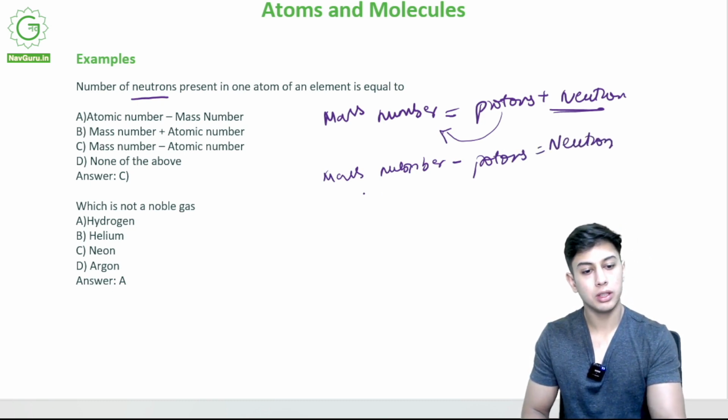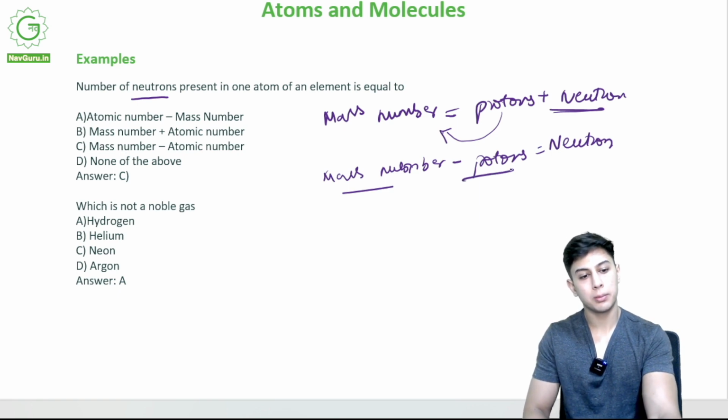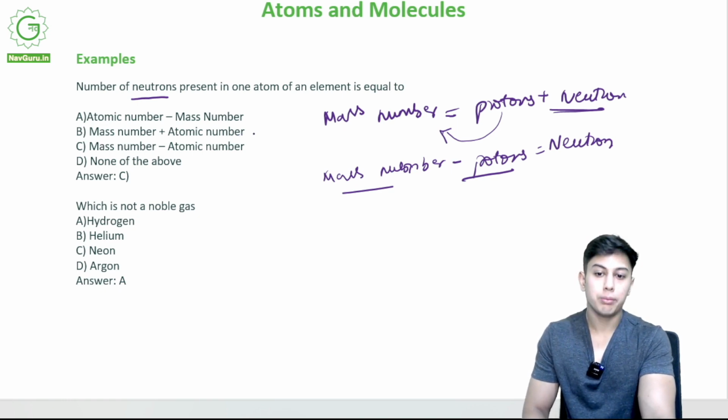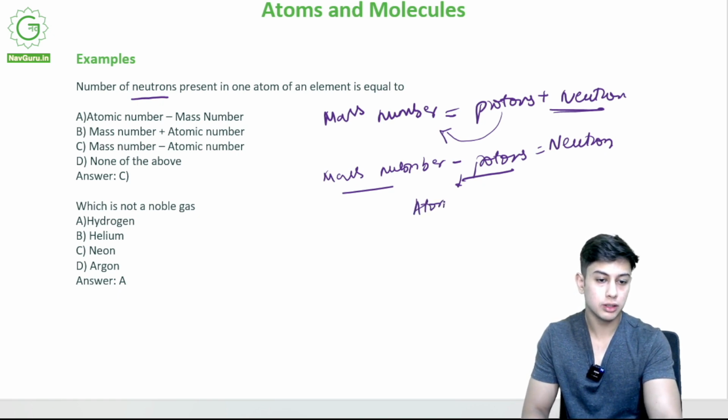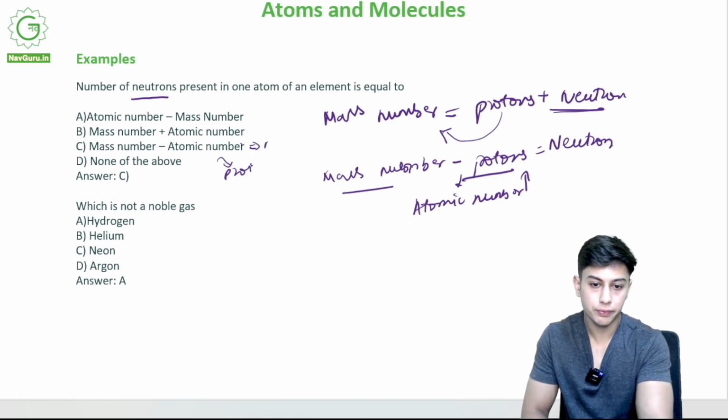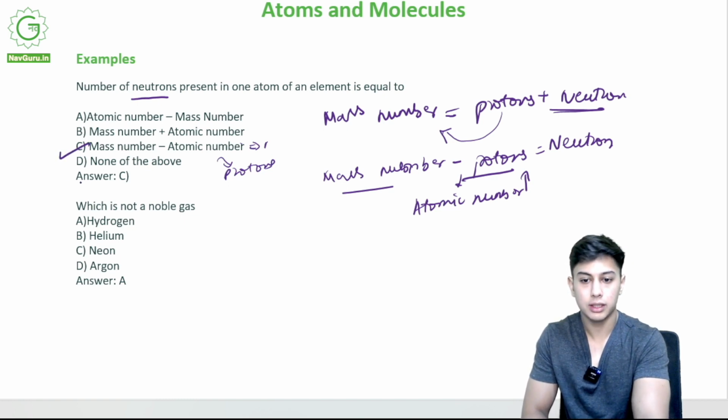Instead of proton, they have mentioned atomic number. Atomic number is the number of protons. So I can say mass number minus atomic number. Answer is C, mass number minus atomic number.